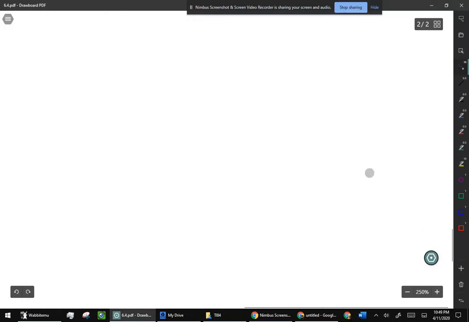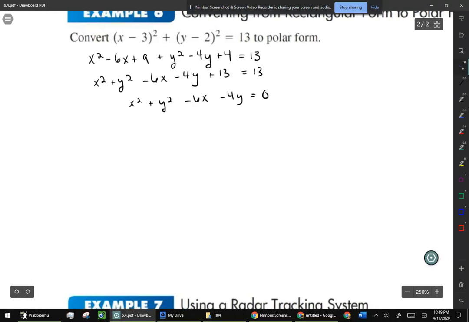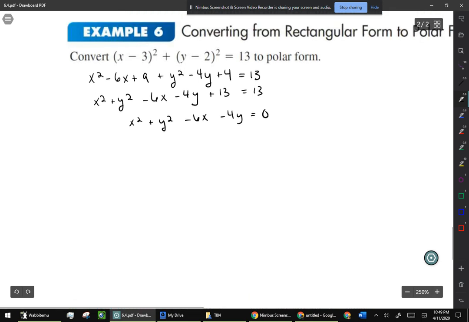So we're going to do some substitutions. And x squared plus y squared is going to be r squared. And that's going to be minus 6 times x, which is r cosine of theta, and y is r sine of theta.